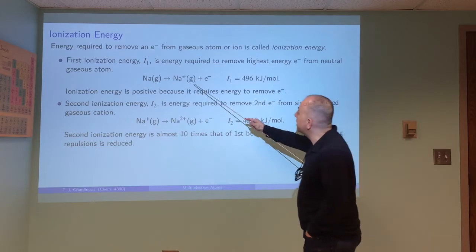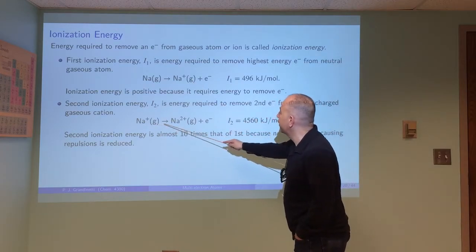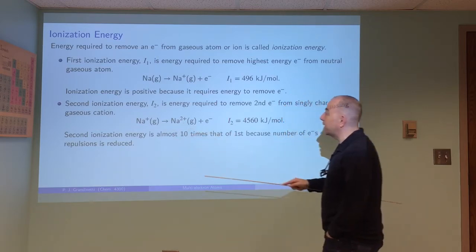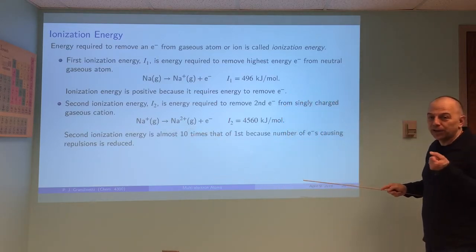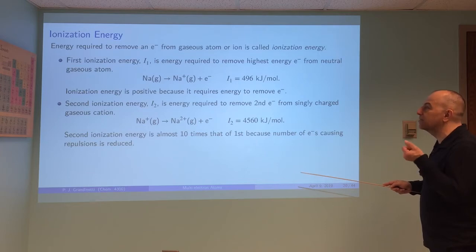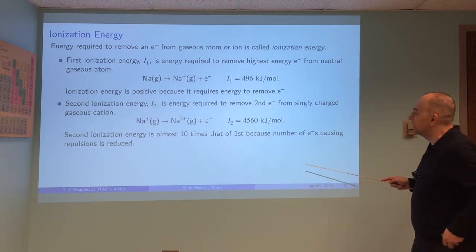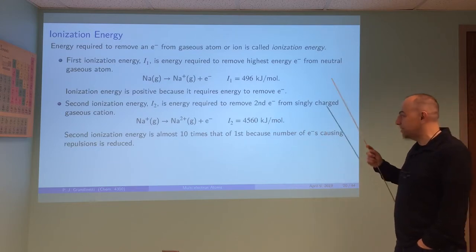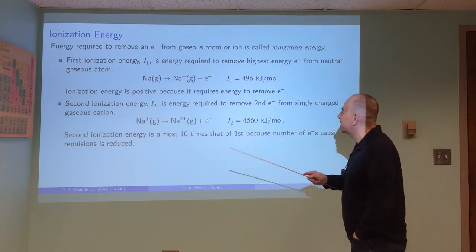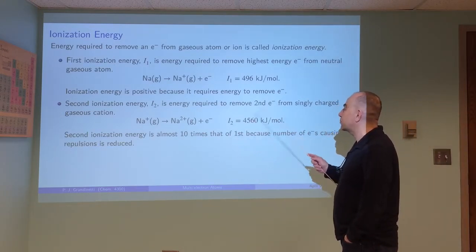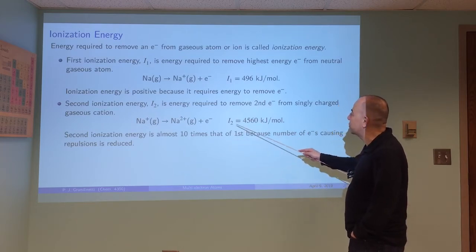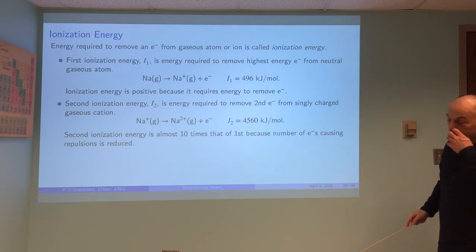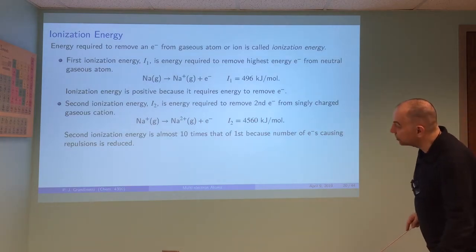If you then take this guy here, which is now a neon configuration, and try to take another electron, well, now you're trying to bust open a closed shell, right? A closed neon-like configuration. And neon's a noble gas, and the reason they're noble gases is you don't break open a noble gas, because you're breaking open a closed shell. And you can see that it goes up by almost an order of magnitude by taking that second electron off.